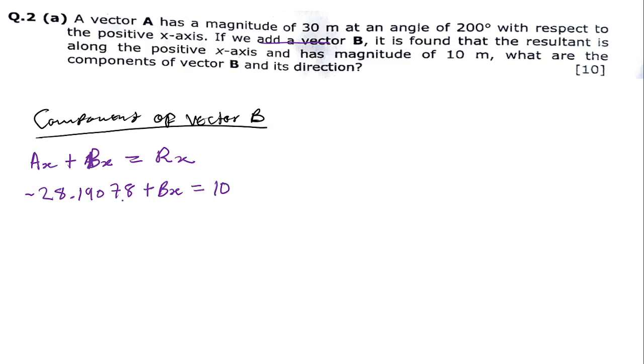Then this goes to the other side, so Bx will simply be equal to 10 plus 28.19078, which is 38.19078.